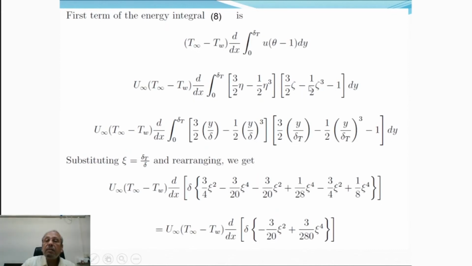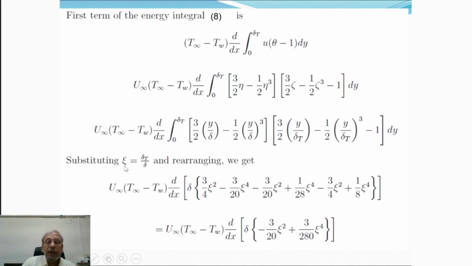We perform this integration: u infinity (T infinity minus TW) d/dx of the entire integral between 0 to delta t of (3 by 2 y by delta minus half (y by delta) cube) multiplied by (3 by 2 y by delta t minus half (y by delta t) cube minus 1) dy.